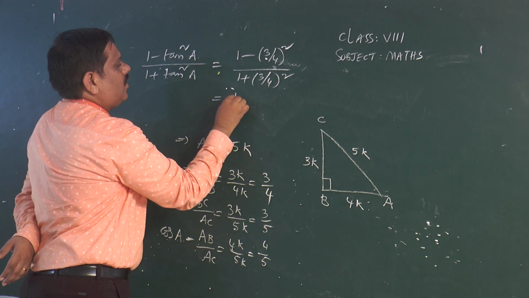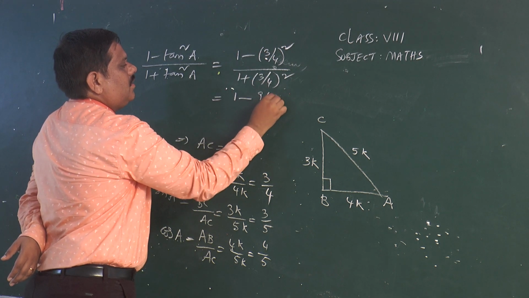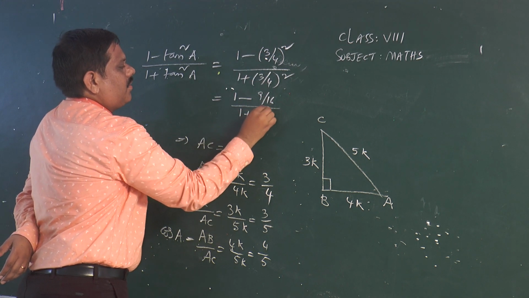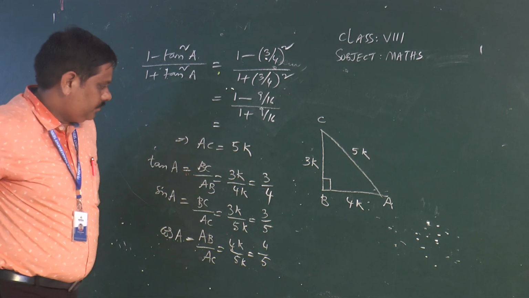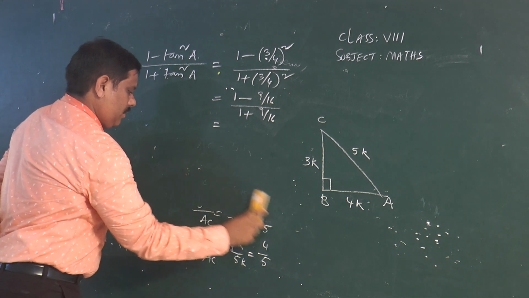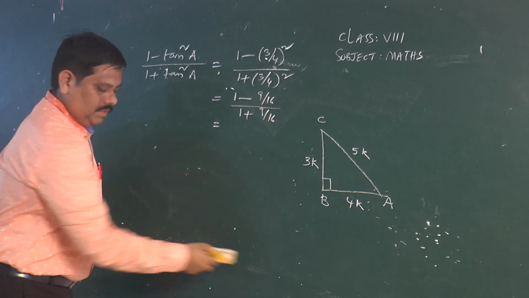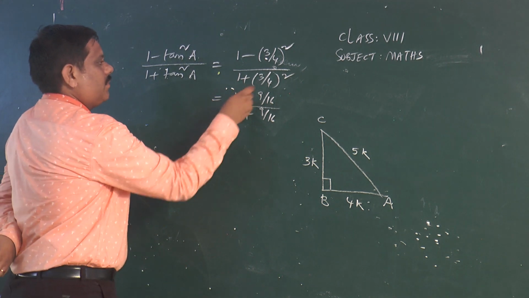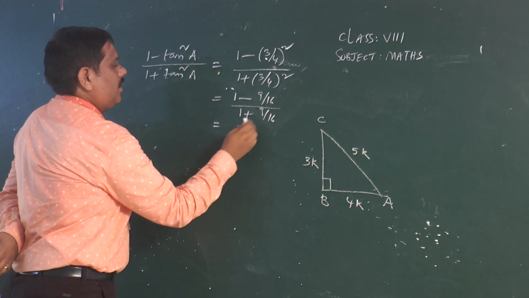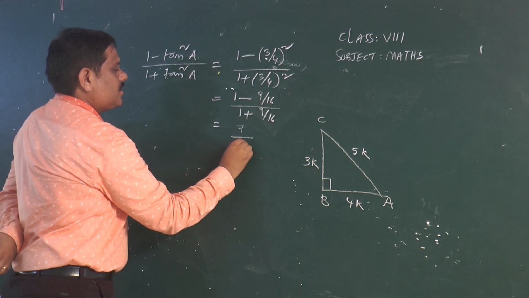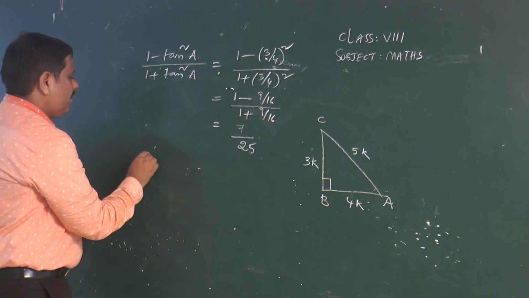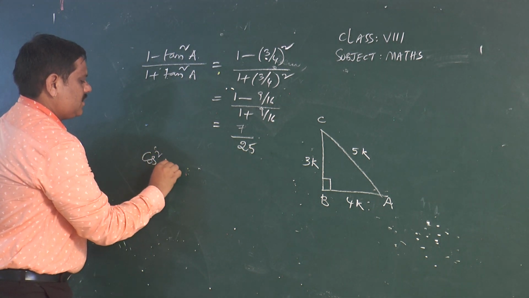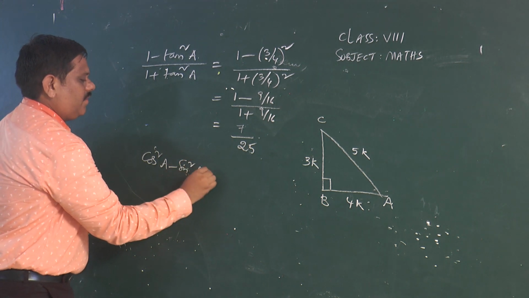That is going to be 1 minus 9 upon 16 by 1 plus 9 upon 16. That is going to be 16 minus 9, that is 7, upon 16 plus 9, that is 25. 7 upon 25. Next, we will see the RHS part, cos square A minus sin square A.